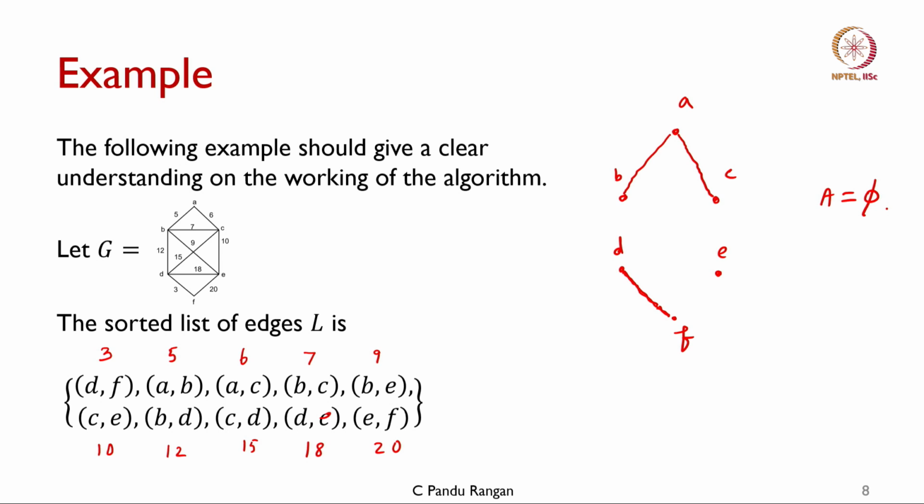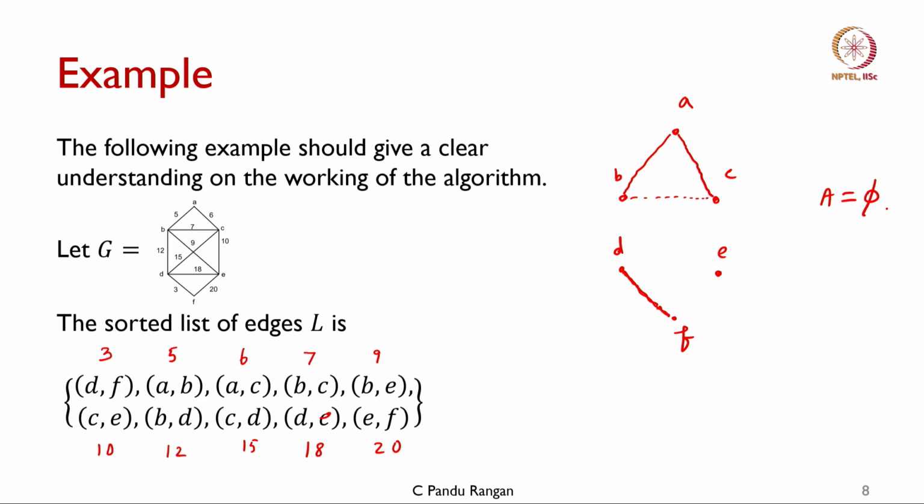Now consider the fourth edge BC. What about BC? When you add BC, what happens? Look at the picture here. BC, when you add, I have drawn that as a dotted line because if you add BC, a cycle is formed. A, C, B is a cycle. Therefore, I should not include BC.